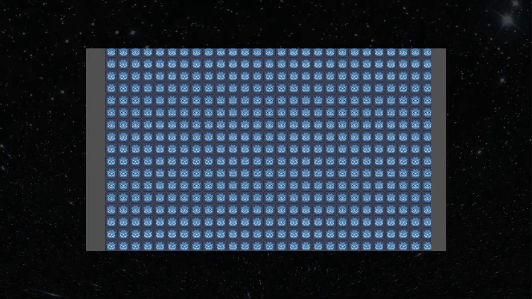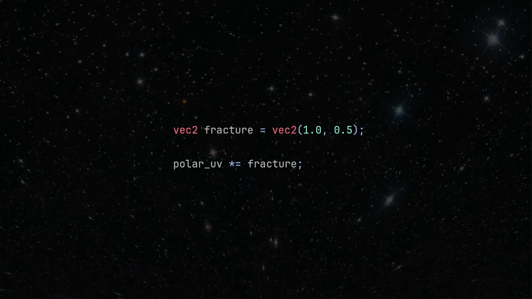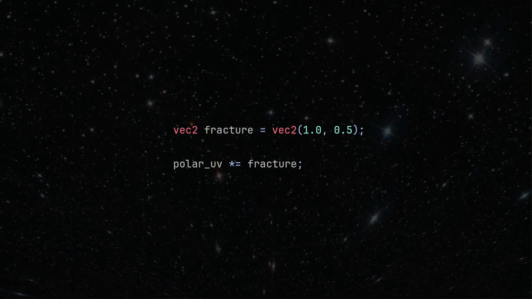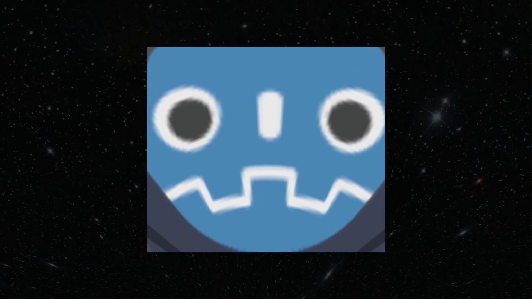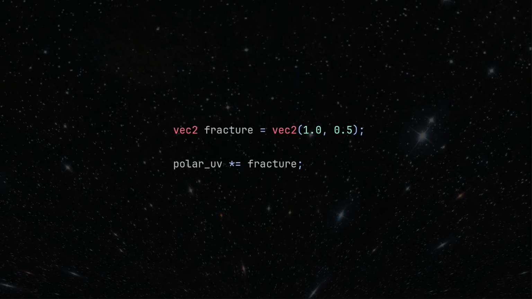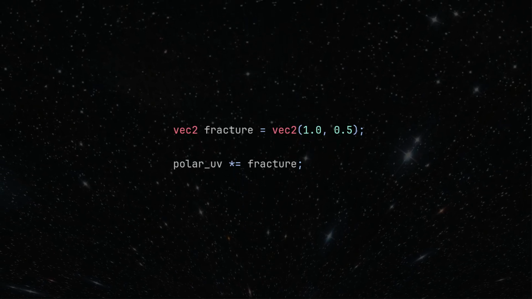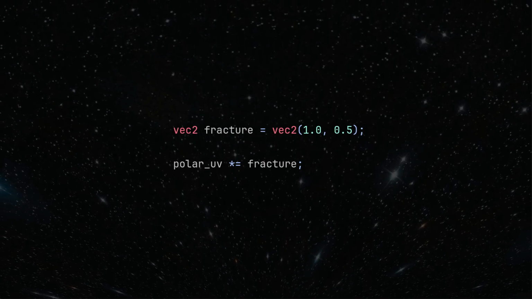A quick and simple fix is a fracture concept. If we just multiply our y coordinate with some value, we can influence how much our texture is repeating in that direction. So in our case, we can just multiply the y coordinate with 1/2 to reduce the number of times our texture is repeating on y. And that's all there is to this distortion effect.